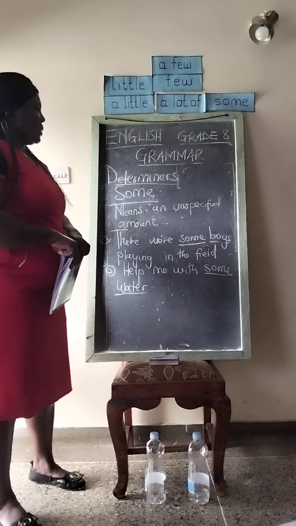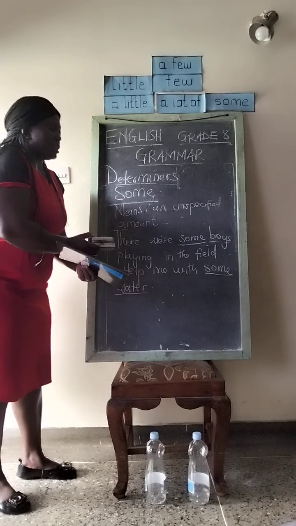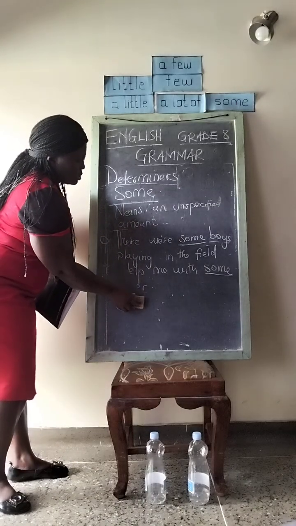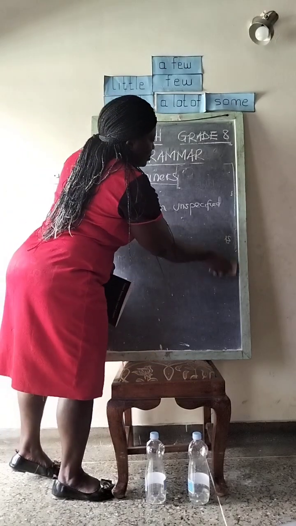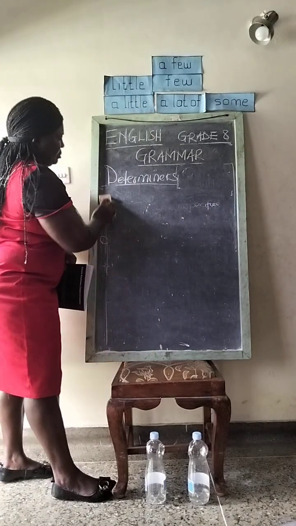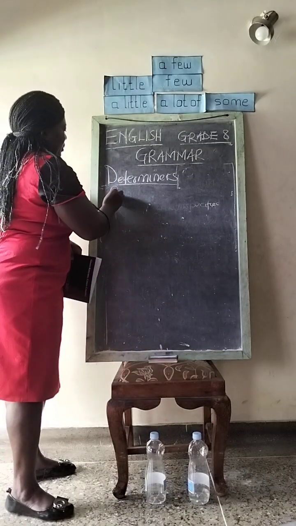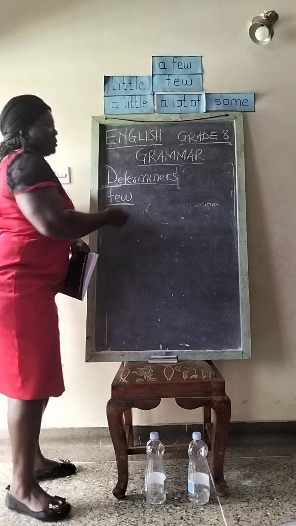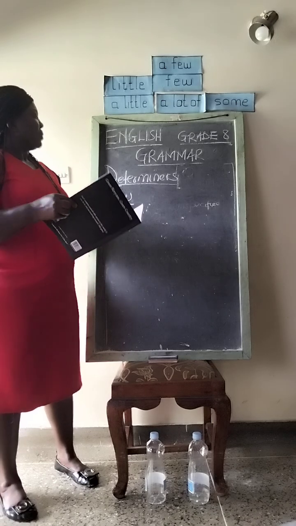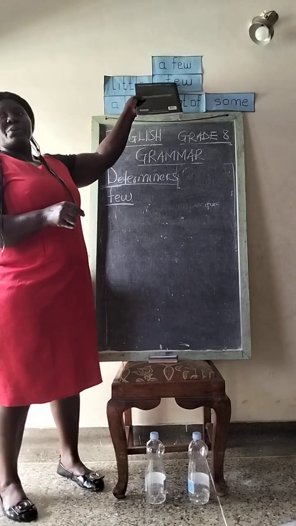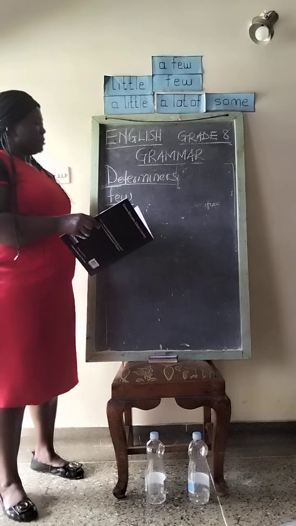Now let us look at the ones you use with countable nouns only and the ones you use with uncountable nouns only. Let's start with few. Remember, we have few and we also have a few.